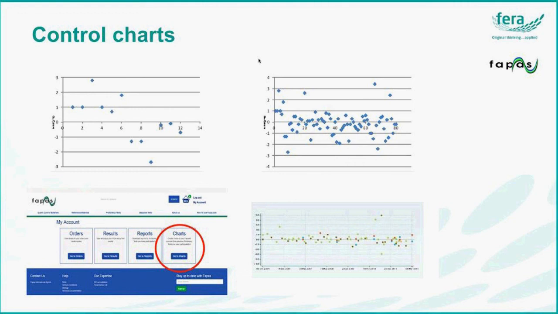We are in the process of updating this charting facility, so you will be able to filter it for different analytes or analyte groups, and it will highlight what different results mean in terms of multiple result submission. This is an enhanced feature that we will be launching very soon in 2018.